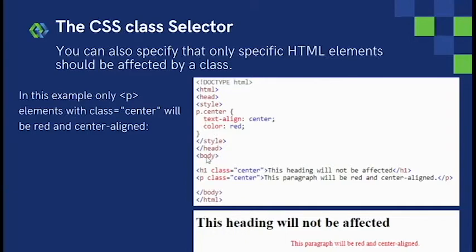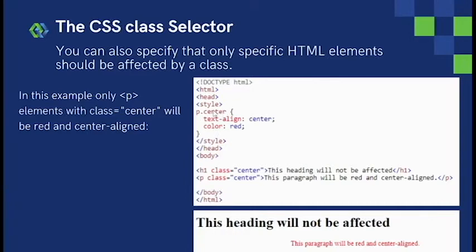So in this case, since earlier the two, the H1 and the paragraph, were both styled, if you only want the P paragraph styled, we use first the element and then a period, then the class name.